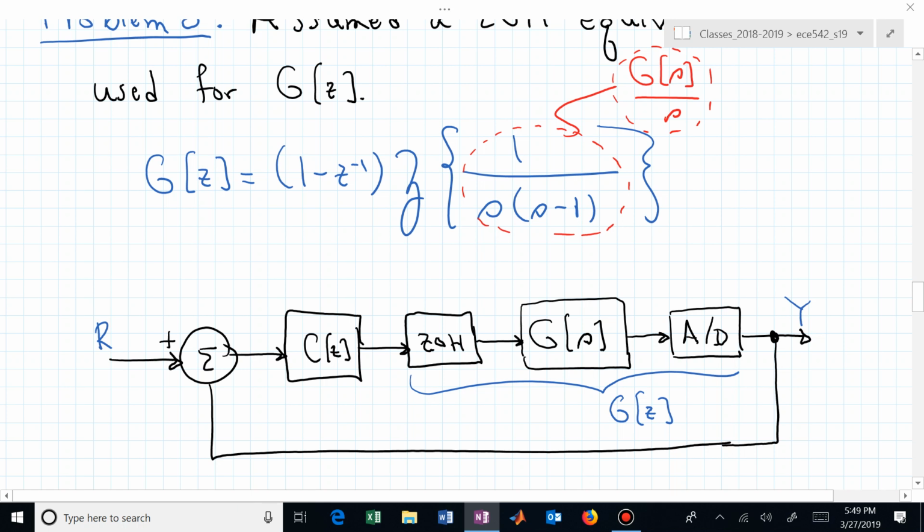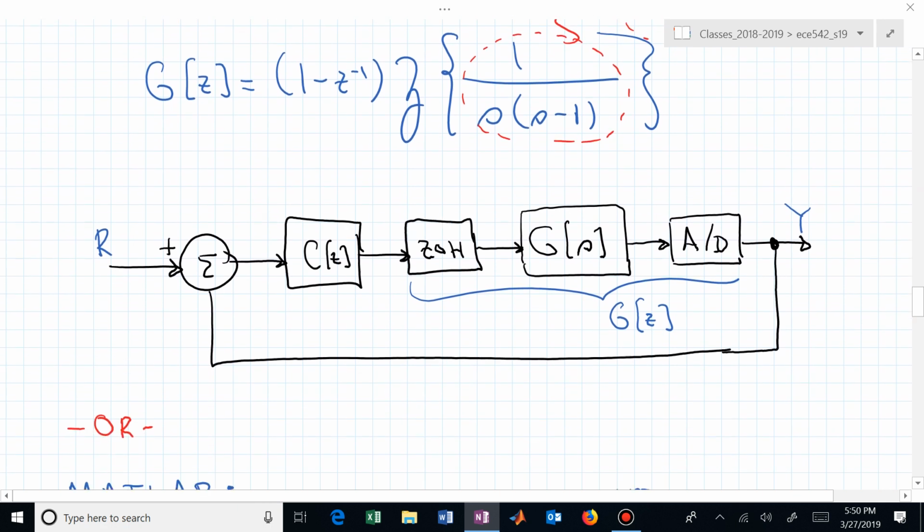And what we're doing is we are now putting all three of those boxes on the right-hand side. We're incorporating a zero order hold with our plant G of s. The A to D on the output side of that doesn't impact the dynamics, but all three of those together give us our capital G of z.